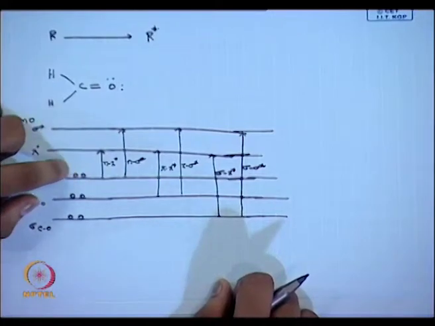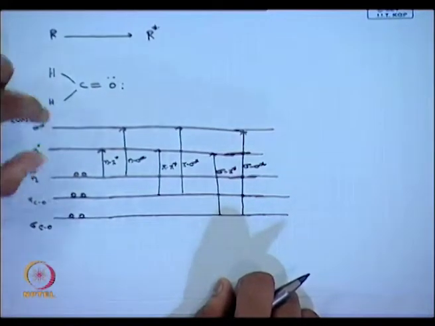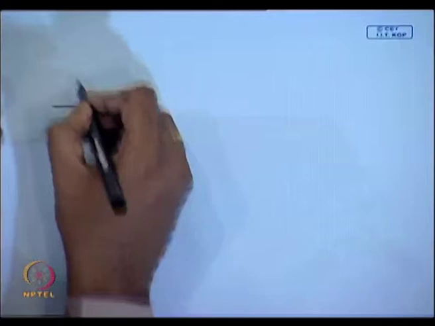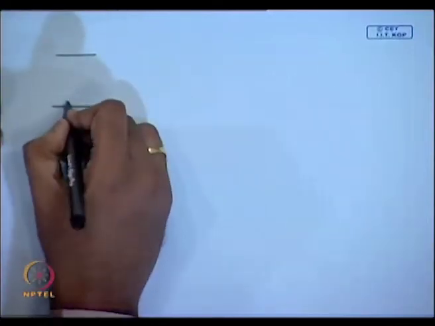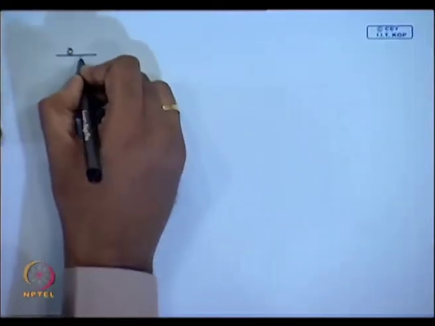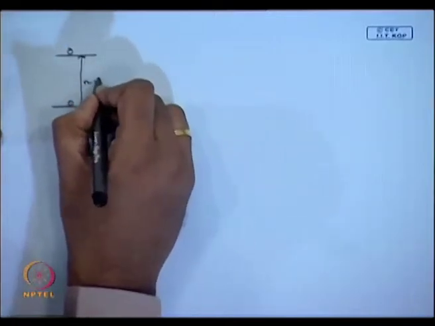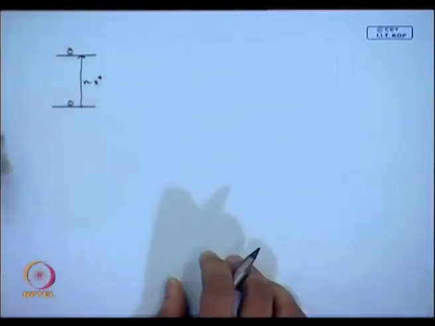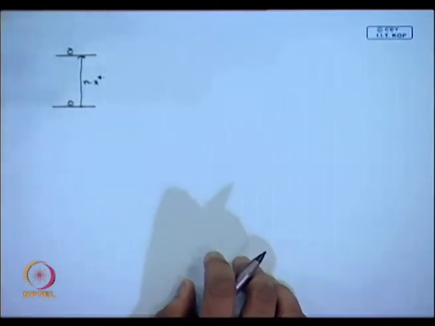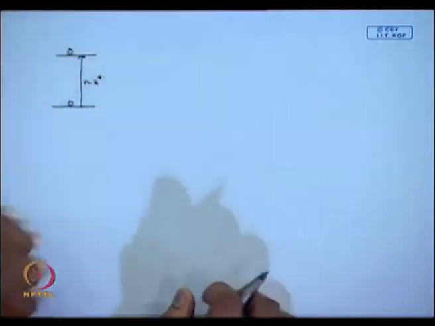So, we can put that selection and take this n pi star transition out. So, putting a selection, I am going to write the possible transition for that particular selection, that is the n pi star transition.